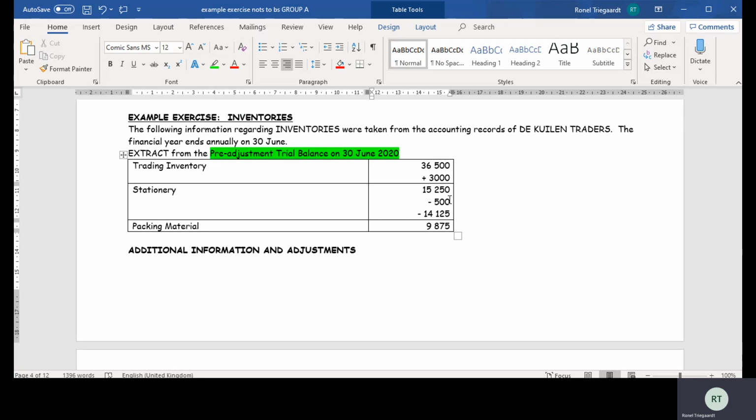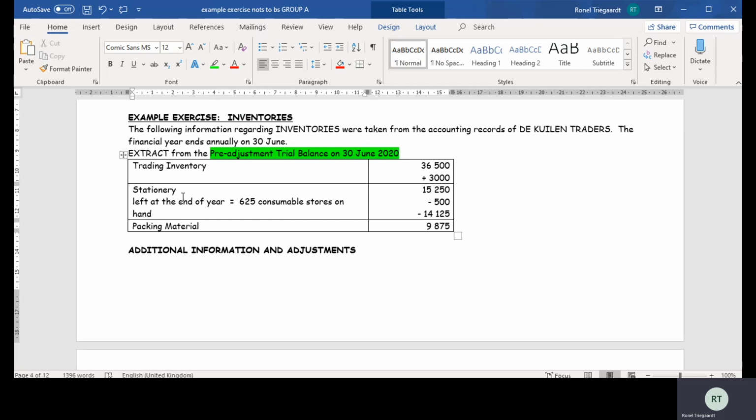I'm going to take the opening balance minus what the owner took, which the accountant didn't know what to do with, minus what we've used. So what is the stationery left at the end of the year? If I do that calculation, 625, and that is our consumable stores.